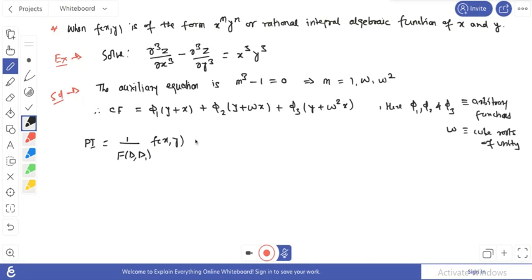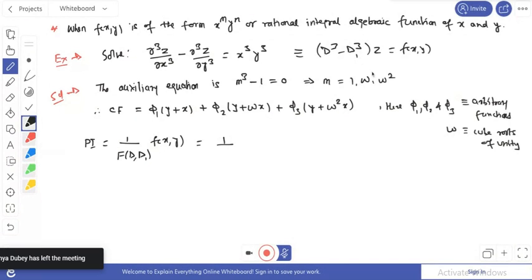Here your function is in polynomial form, so we can write the operator as D cube minus D1 cube acting on z, which equals f(x,y), and f(x,y) equals x cube y cube.